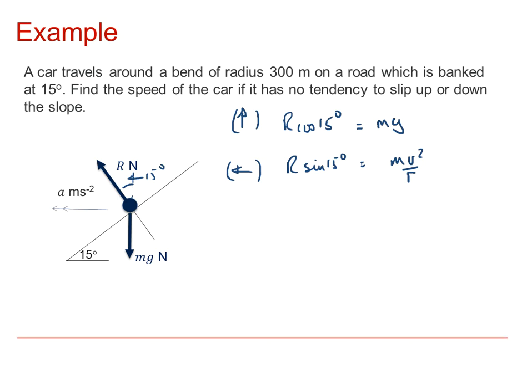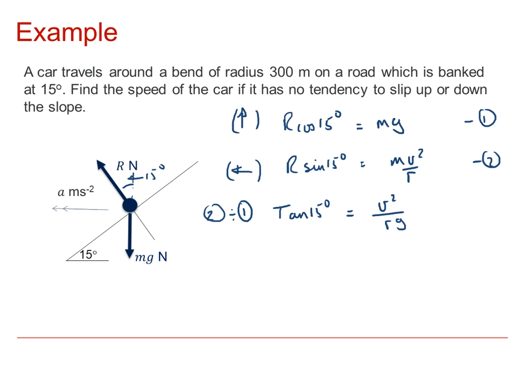And if we divide those two, then we can see that tan 15 degrees on the left hand side is equal to v squared divided by rg. So that's equation number 1 and number 2, and what we've done there to get the tangent is to do 2 divided by 1.